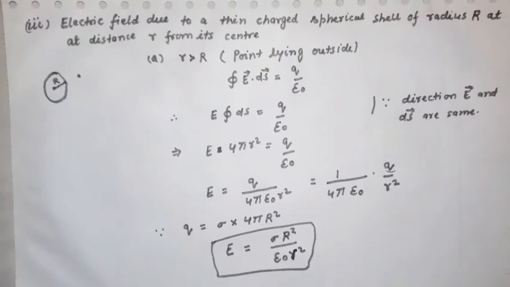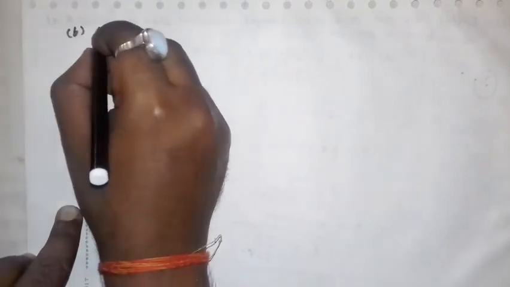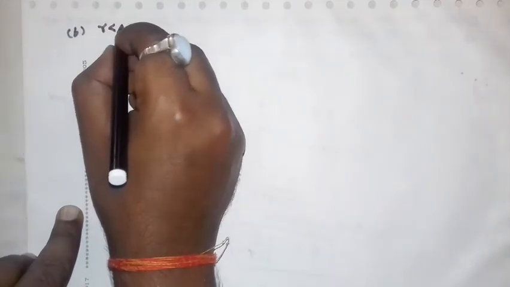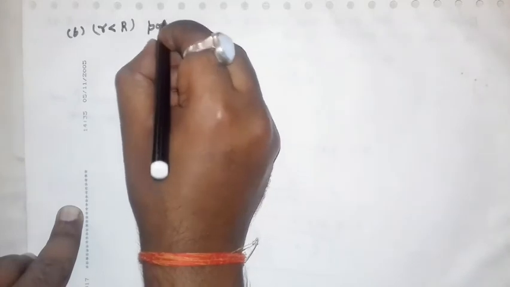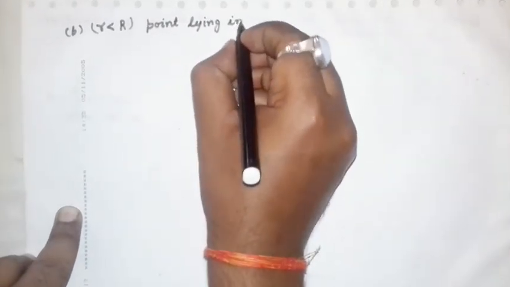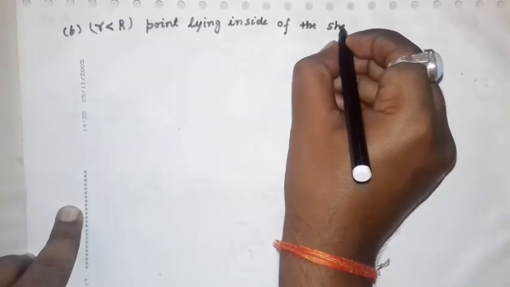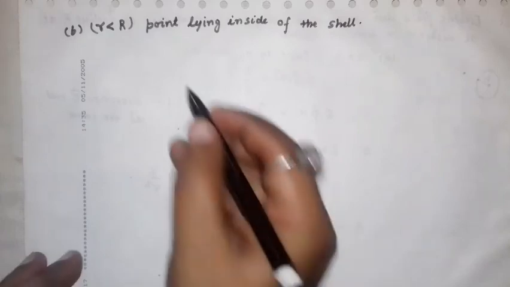Now we will consider the second case, that is if small r is less than capital R. This means the point lying inside of the shell, and since we know that the total charge inside the shell is 0, therefore the electric field becomes 0.